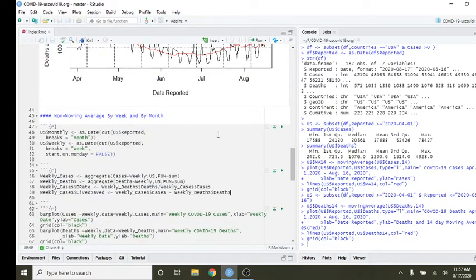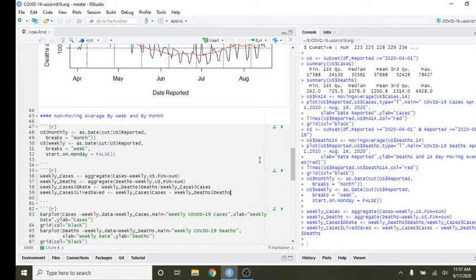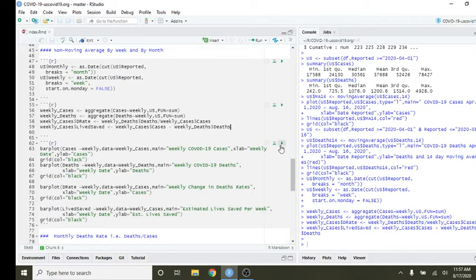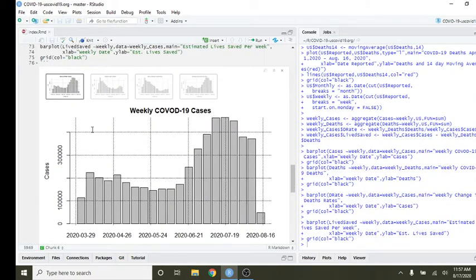Okay, let's continue on. What are we going to look at next? We're going to look at non-moving averages by day, by week, and by month for the U.S. Okay, the week of COVID-19 cases. You can see that last week, this is a bit encouraging, because we've now had four straight weeks of declining cases on a weekly basis.